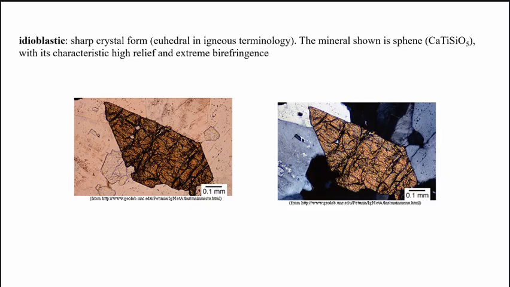But in metamorphic, you don't say euhedral. Euhedral is for igneous rocks. You say idioblastic. So if you say the rock has idioblastic minerals, or the garnet or the sphene are idioblastic, I automatically know that you're talking of a metamorphic mineral. Do you understand? Yes, ma'am.